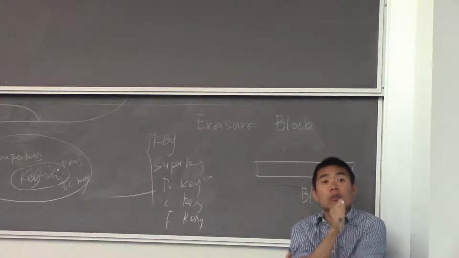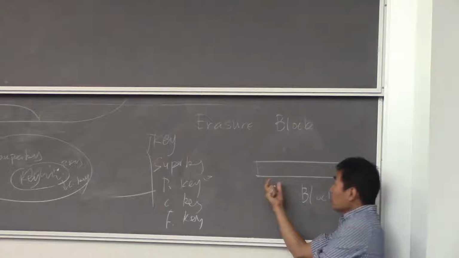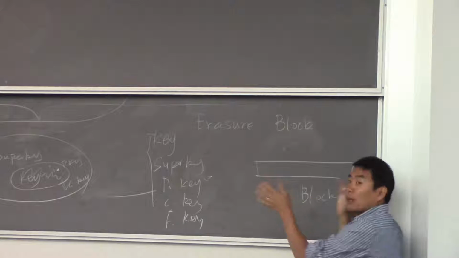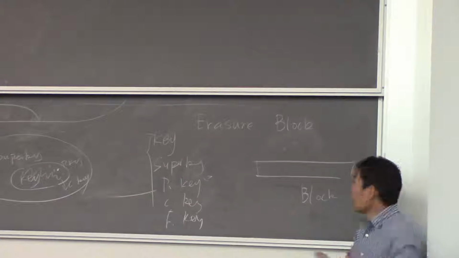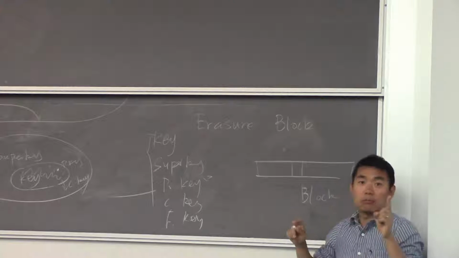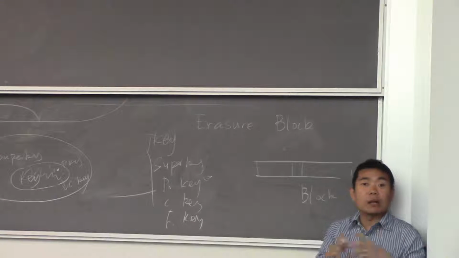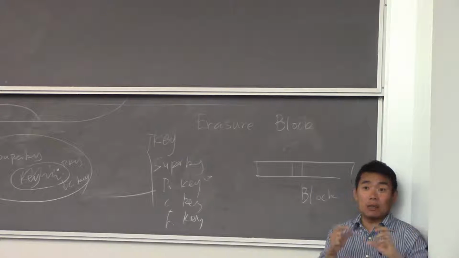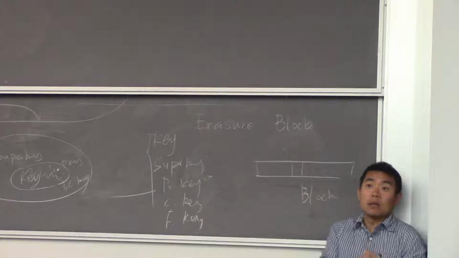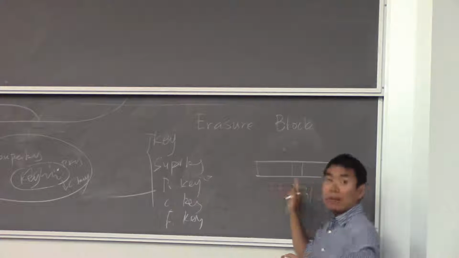What happens in solid state drive is an update to a particular page. You can imagine for now, just for simplicity, this is a single page. To change any bit on a given block, if there is already data in it, you cannot simply do an in-place update.